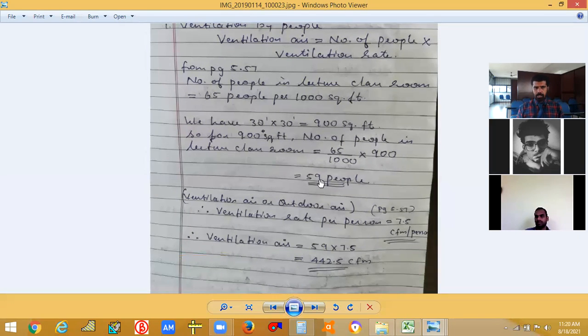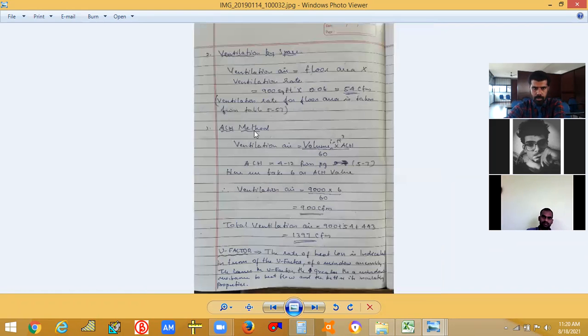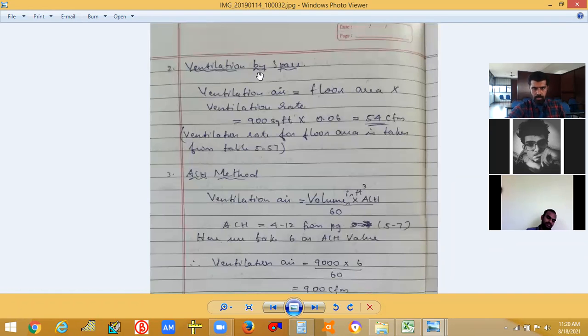What is the next method? Next method, after ventilation by people, is ventilation by space. Ventilation by space, ventilation is equal to floor area into ventilation rate.